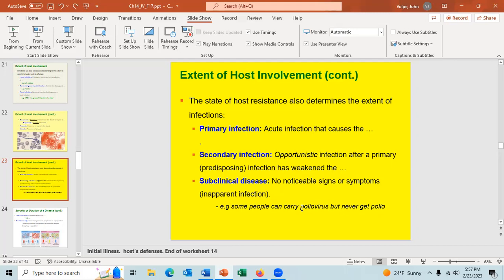Because you're young, you'll have no noticeable signs or symptoms, but you will carry the disease-carrying organism. And then you can bring that disease-carrying organism to other patients, like possibly your grandparent. And of course, COVID-19 would be a very serious infection to your grandparents.